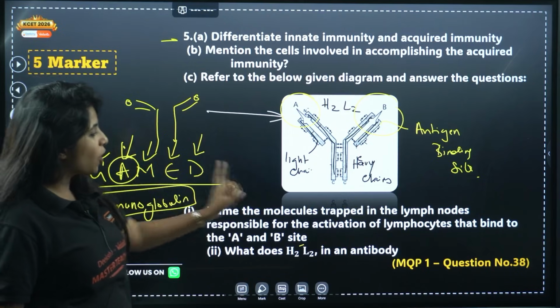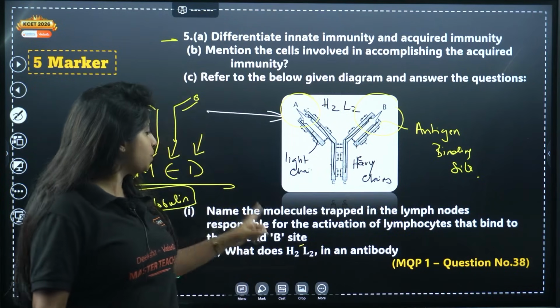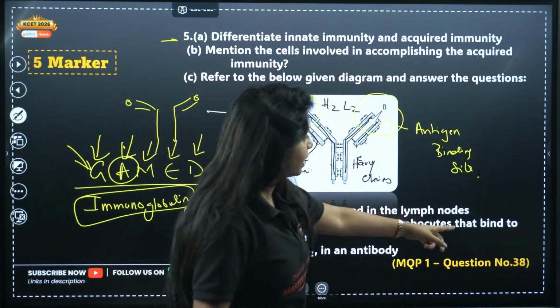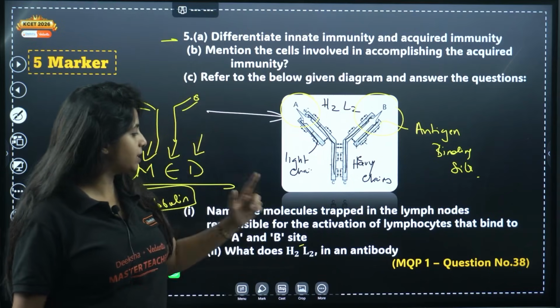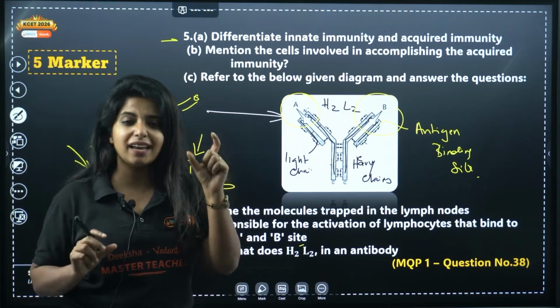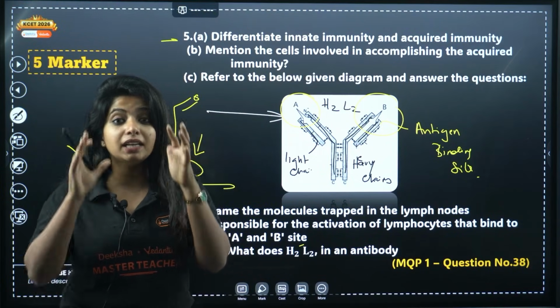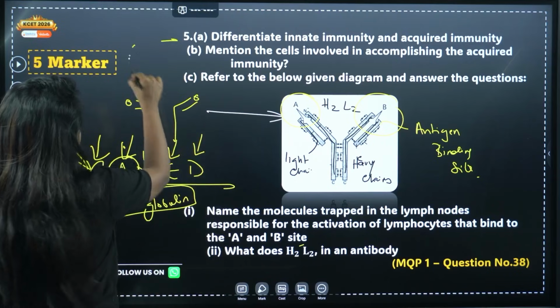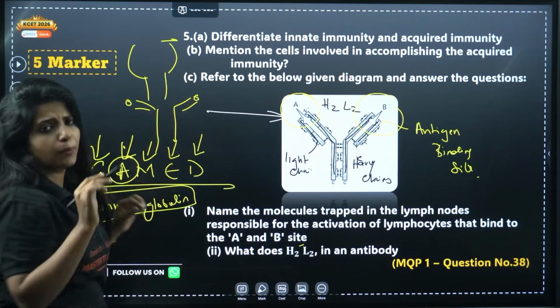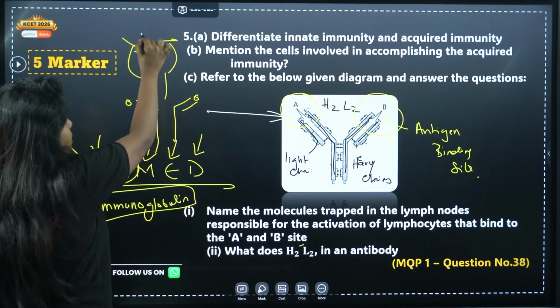Now, name the molecules trapped in the lymph nodes responsible for the activation of lymphocytes that bind to the A and B sites. So basically they are saying that there are some molecules which are trapped in the lymph nodes. That is a specific location in our body where the WBCs are very, very active.